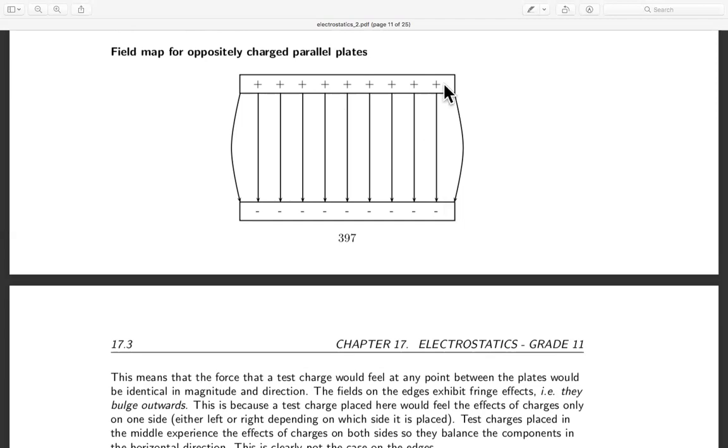Two plates mean the same thing as a capacitor.